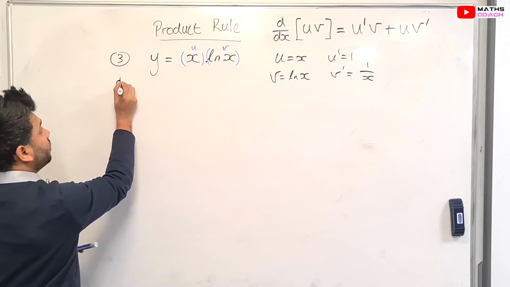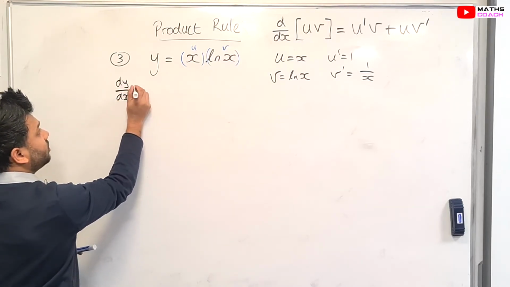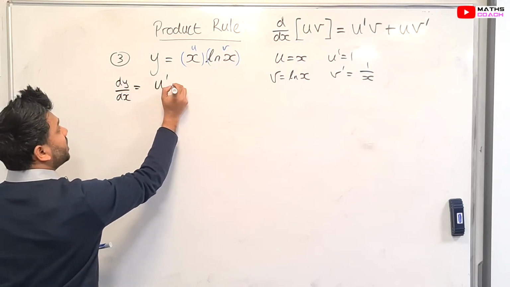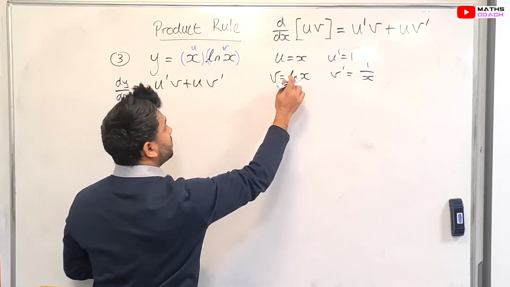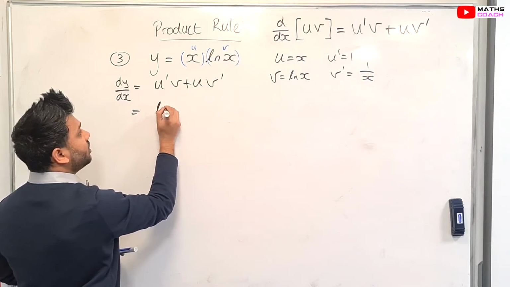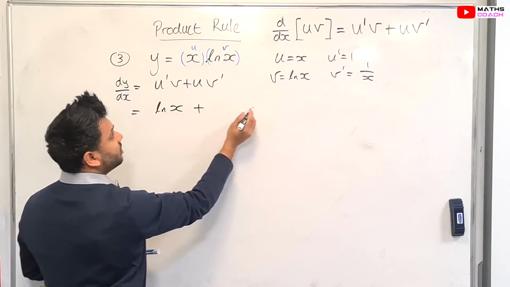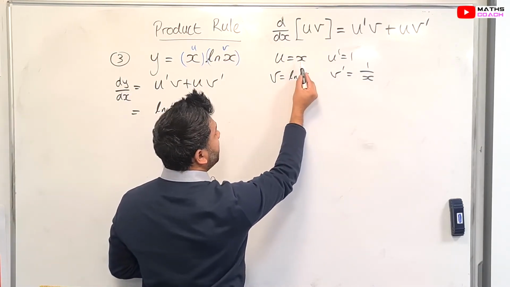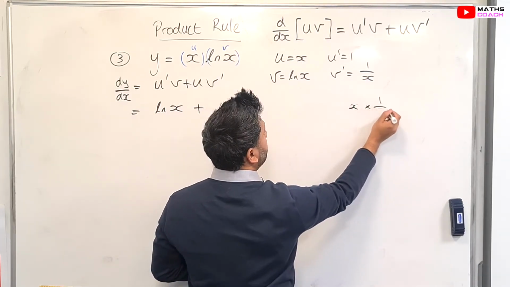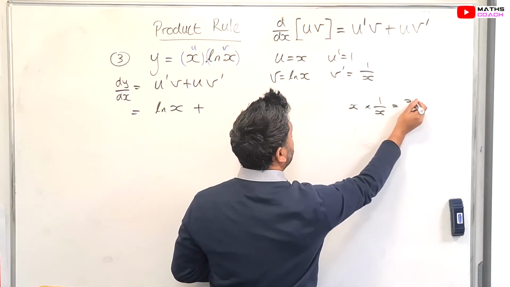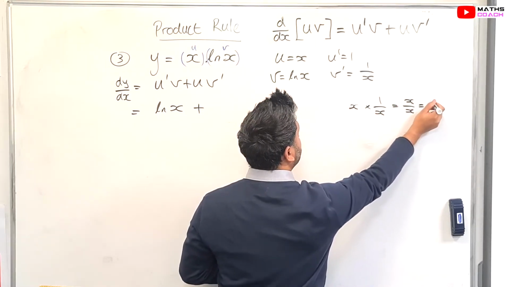So the formula for dy/dx using the product rule is u dash v plus u v dash. So u dash times v, so that gives you ln x, plus u times v dash, so x times 1 over x. So if you do x multiplied by 1 over x, that's x over x, which is simply 1.